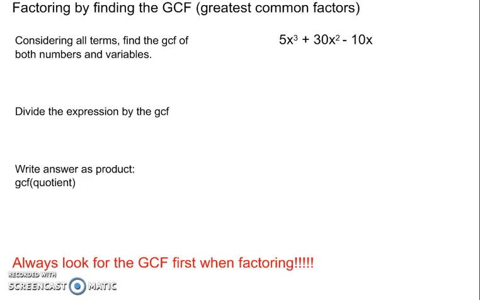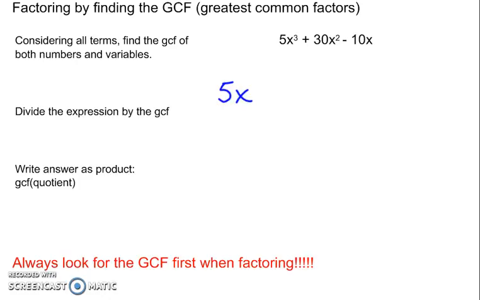So if we look at 5, 30, and negative 10, the largest number that goes into all 3 is 5. We have x cubed, x squared, and x. When you're looking at your variables, you will always take the lowest power of that variable, which in this case is x.